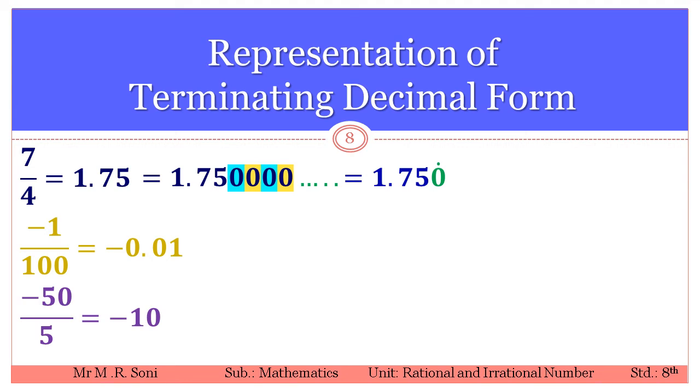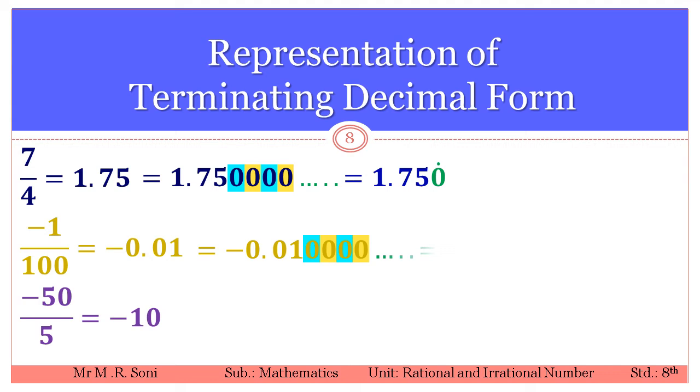Negative 1 divided by 100 is equal to negative 0.01, which is represented as negative 0.01000 and so on.